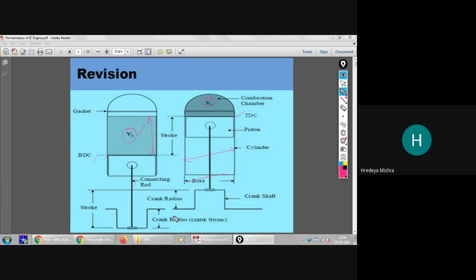This is the crank radius. This is the operational purpose, so all the things we can indicate here.